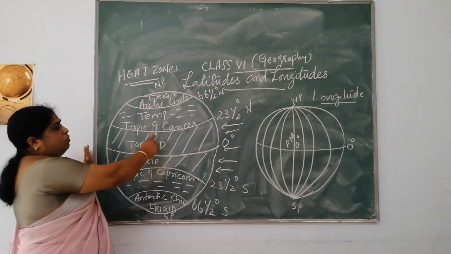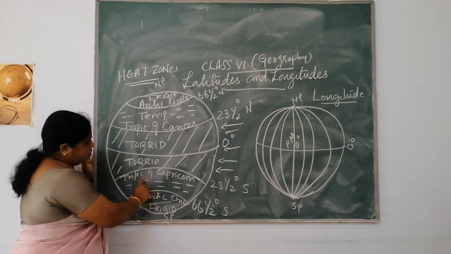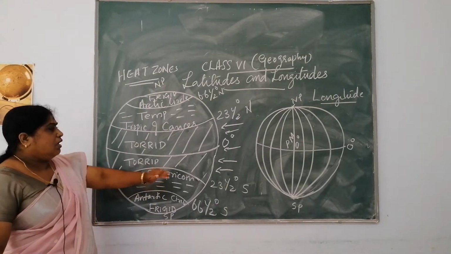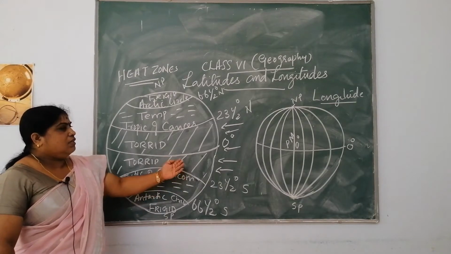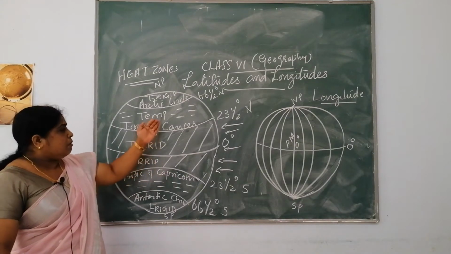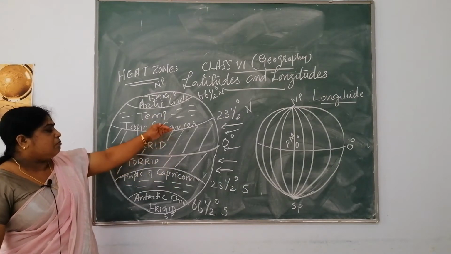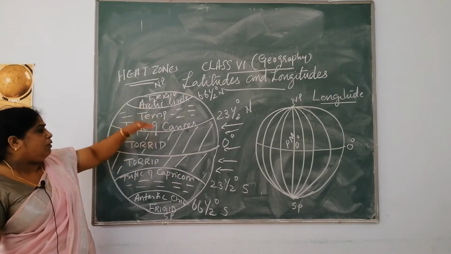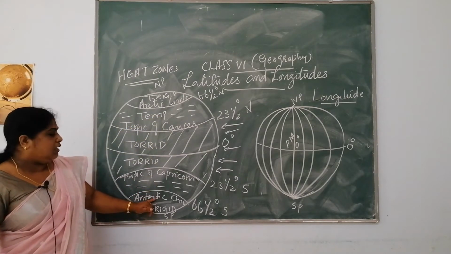The peculiarity is that these areas receive only the slanting rays of the sun, and summers and winters are extreme: hot summers and cold winters.